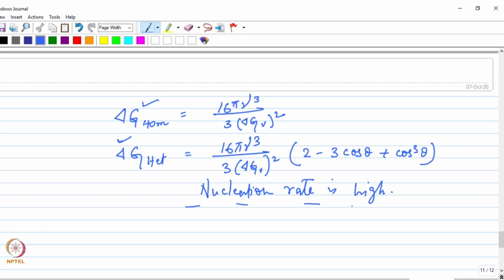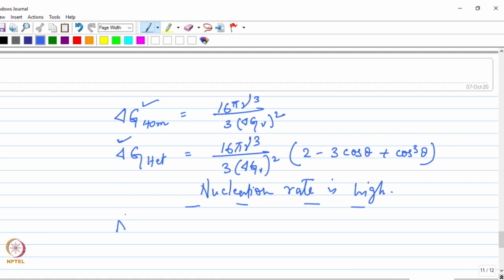And higher the nucleation rate, lower will be the grain size, and that is how the heterogeneous nucleation leads to a finer grain size in the solidified material. Okay. Yeah, so this is all about the nucleation rate. It all boils down to the nucleation rate now.